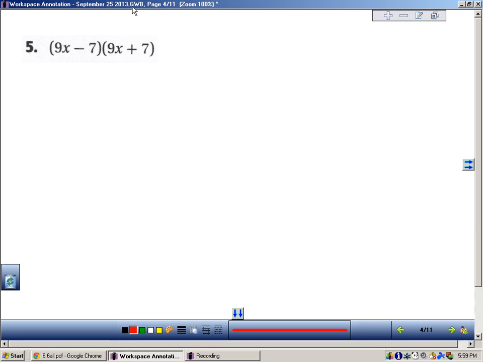Same idea. The property here is called the sum and difference of two binomials. There's a special property here, but let's work this out and see what happens. So we'll try the first.